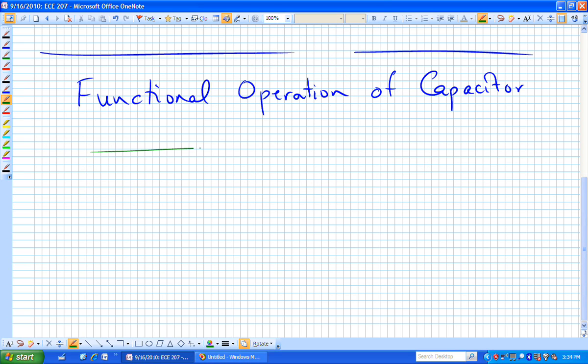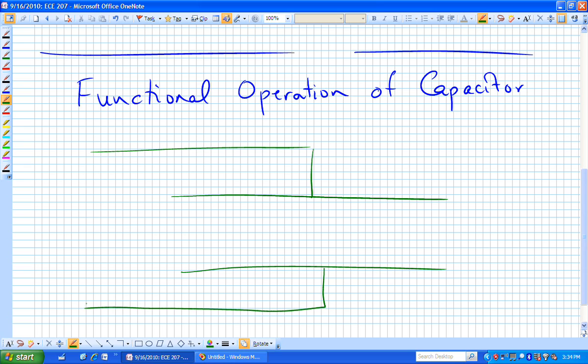Here is a schematic diagram. There's the rest of the network, and these two horizontal lines actually represent the parallel plates of a capacitor, and there is not a physical connection between those plates.